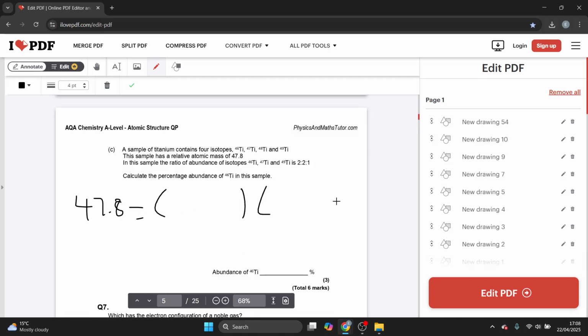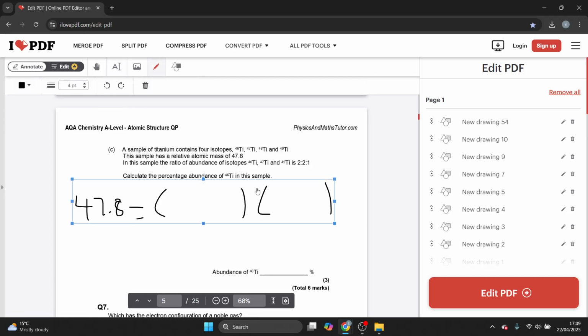And I'm going to create, well, I need to create 4 brackets, one for 46, 47, 48, 49. So that's another bracket.